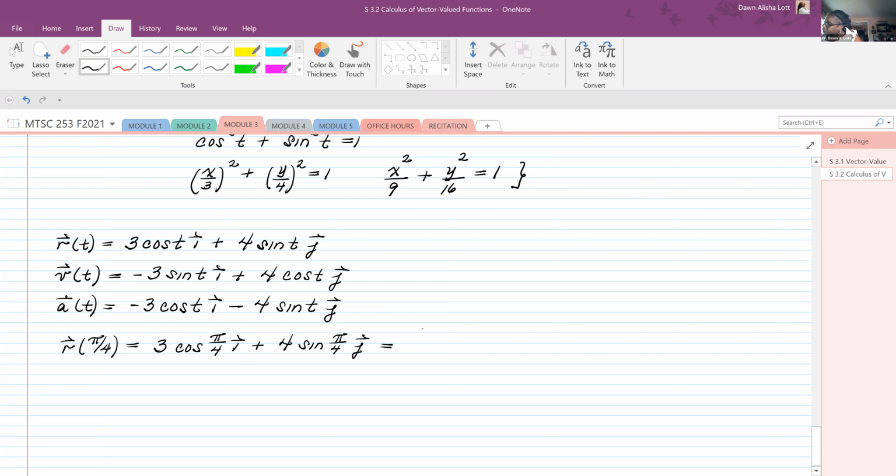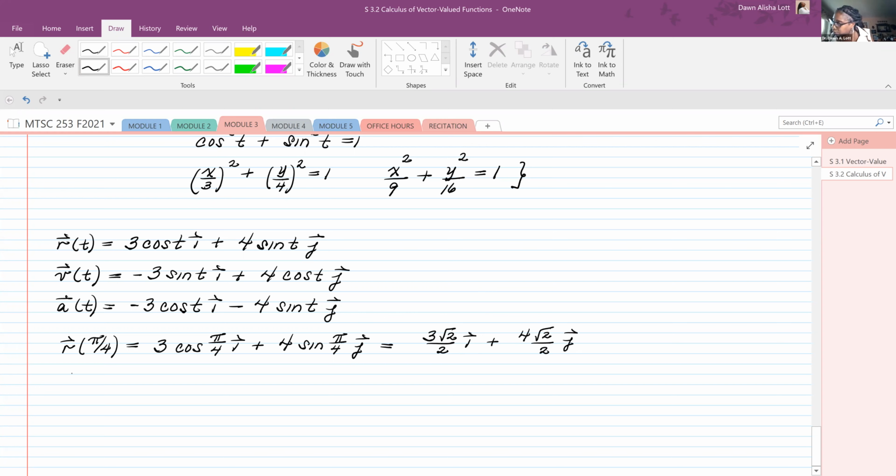So that is the vector 3 root 2 over 2 i plus 4 root 2 over 2 j.